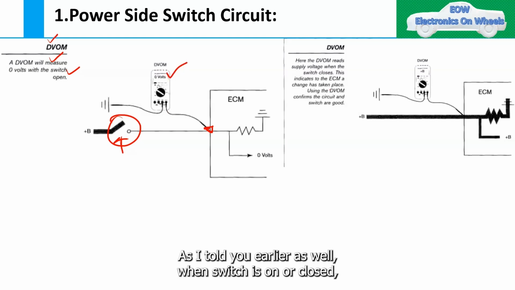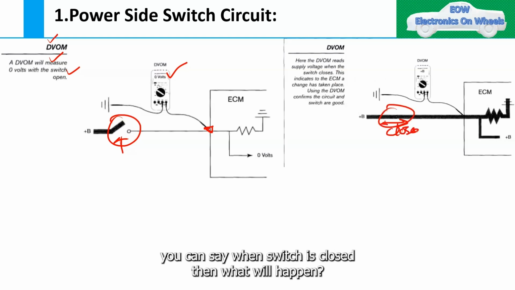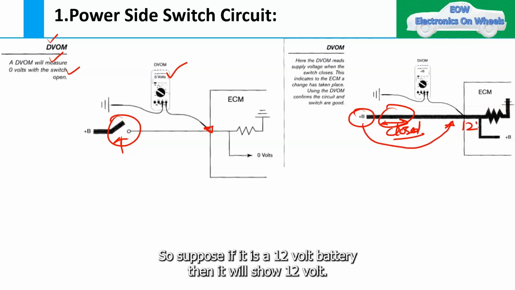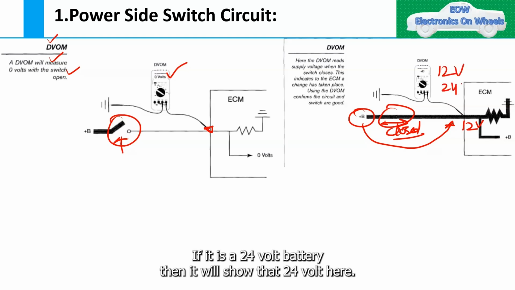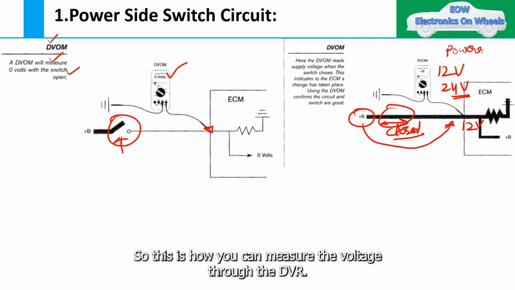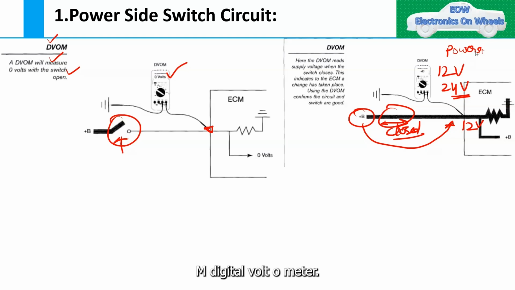As I told you earlier, when the switch is closed, the B positive voltage will go here. If it is a 12 volt battery, it will show 12 volt; if it is a 24 volt battery, it will show 24 volt, and it is called a power side switch circuit. This is how you can measure the voltage through the DVOM.